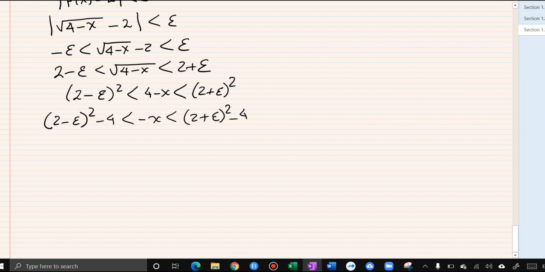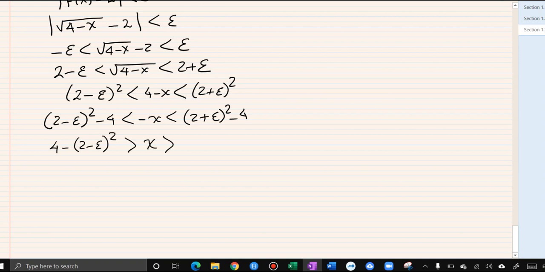Now finally we're going to multiply everything times negative. I'm sorry, not negative x, but multiply all parts by negative. When we do, we've got to change the direction of inequality. But first, here's when everything gets multiplied by negative. They change their signs, right? And the direction of inequality.